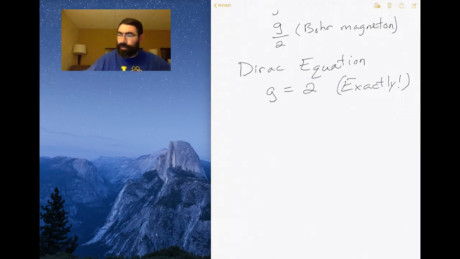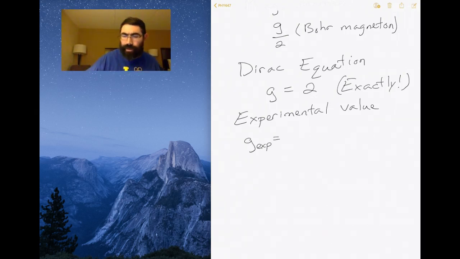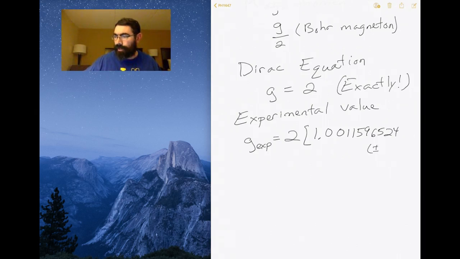Turns out that the experimental value, so if you were to do an experiment of having an electron and putting it into a magnetic field, what you would get for this extra factor is 2 times 1.0011596524 plus or minus a 20 on the end of it.